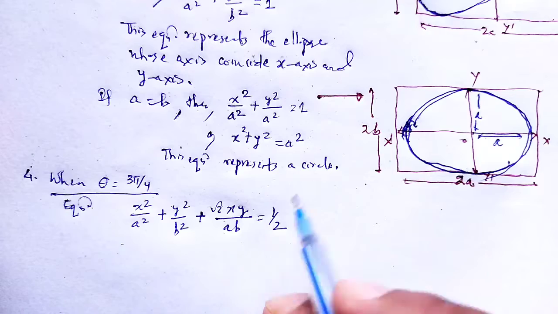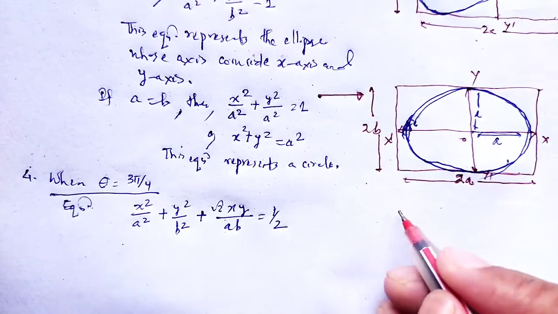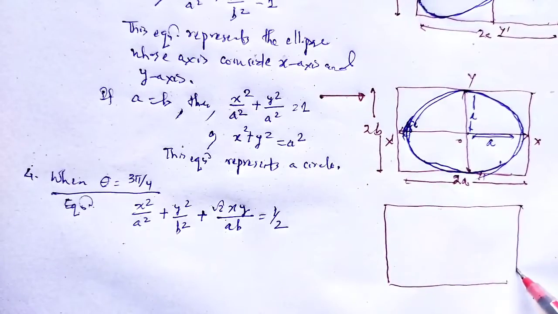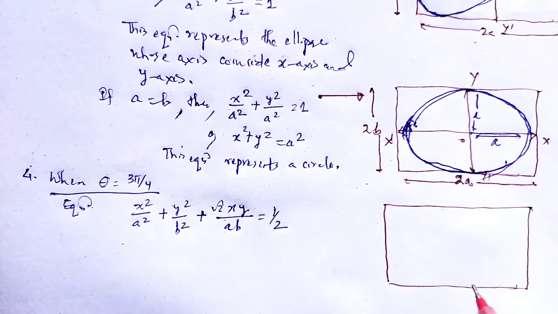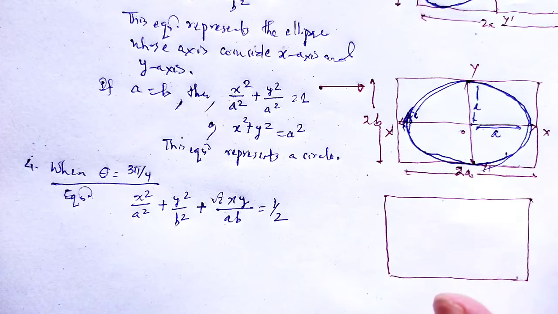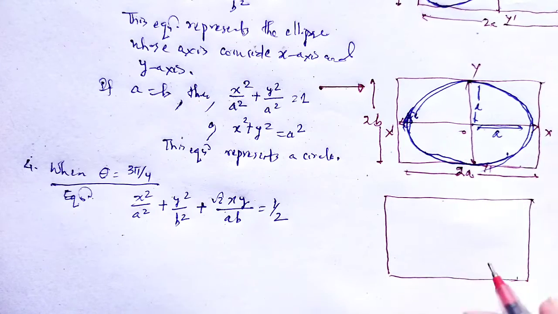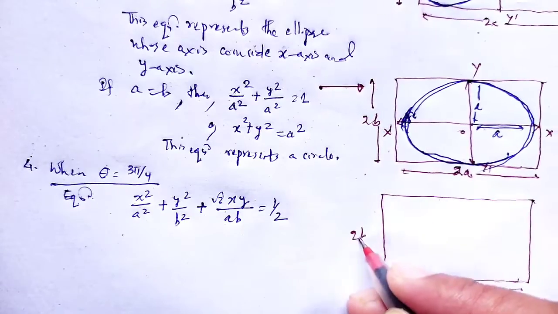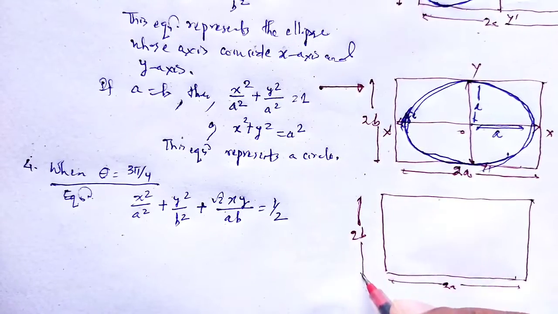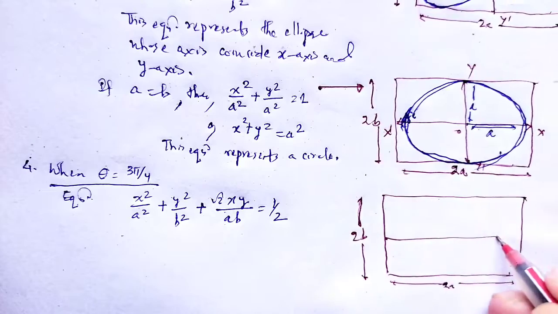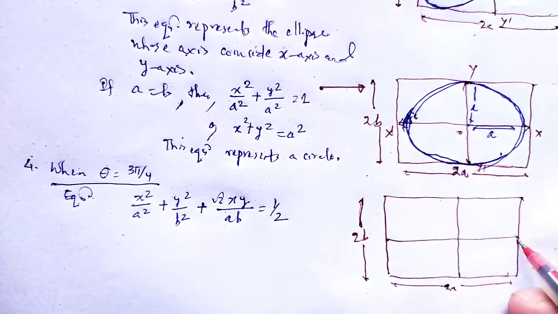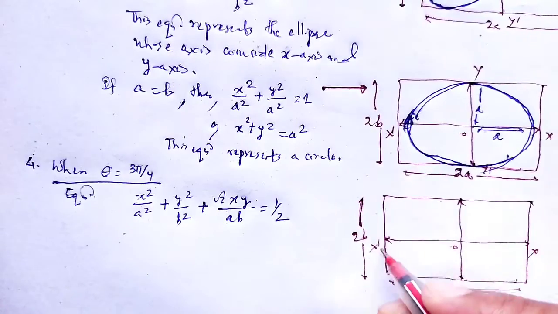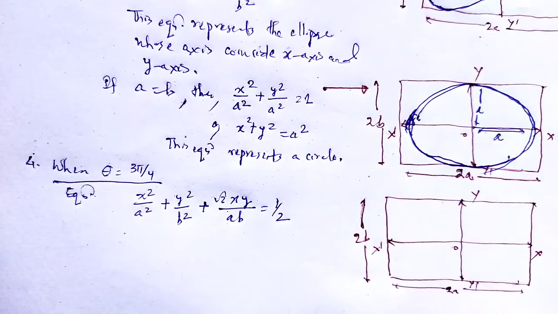So, it represents an ellipse which is oblique in shape. So, here 2a, 2b, x o x dash, y o y dash.